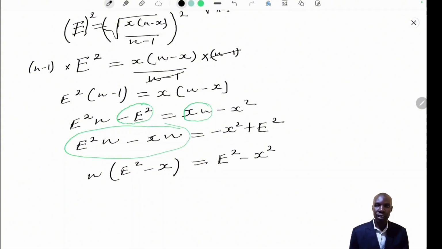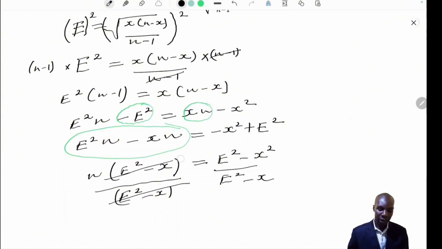Then from here, because our concern is to make n the subject of the formula, we can divide both sides by e squared minus x. So on the left-hand side, it is going to cancel out and we are going to be left with n. So n is now going to be e squared minus x squared over e squared minus x.